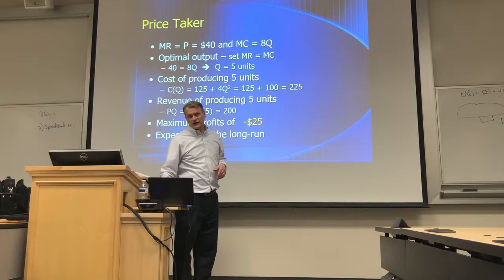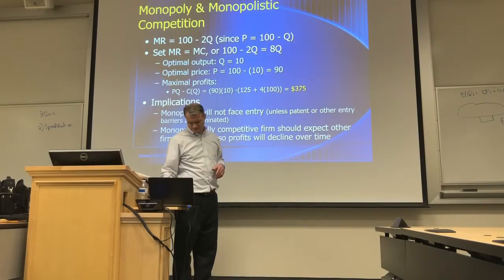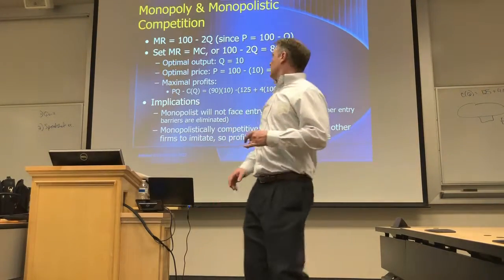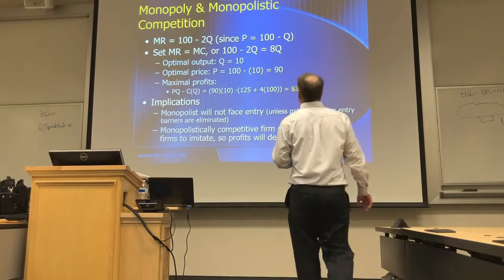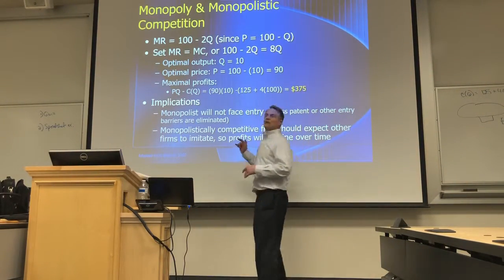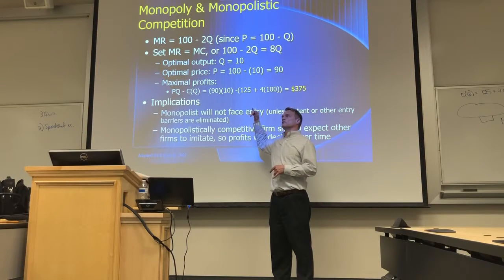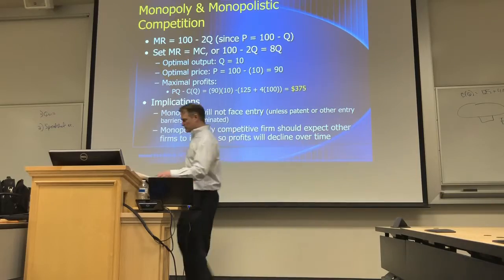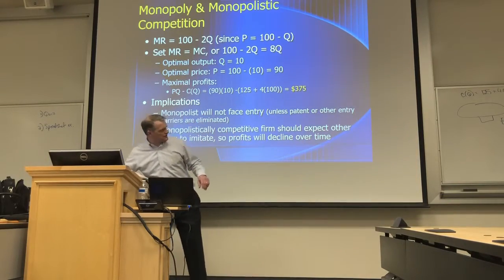On the next one, okay, marginal cost is going to be the same. The way we got this marginal revenue is, I'm going to show you over here. Let's do that.